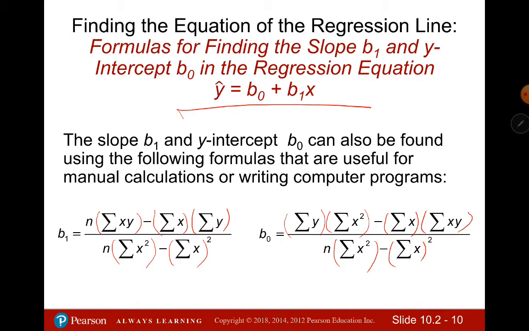And for 10.2 regression, we only need to know that the x variable is the independent variable and y is the dependent variable. We should know how to use the formula to get the slope and the intercept for that equation. You also need to know how to write your equation in the correct form.